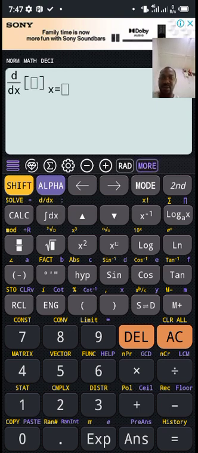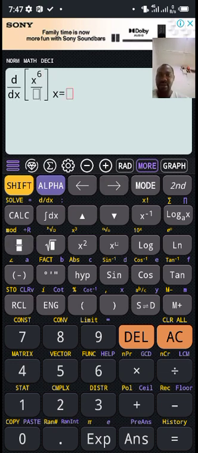So alpha x raised to the power 6, now divided by alpha x raised to the power of 8. And choose any number of your choice. Let's say we choose 2. So 2 equal to, so minus 0.25. So which of the options will give us minus 0.25?